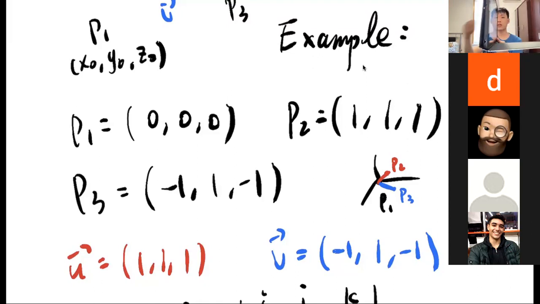Right. So this triangle is something here. How do we compute the area of this triangle?